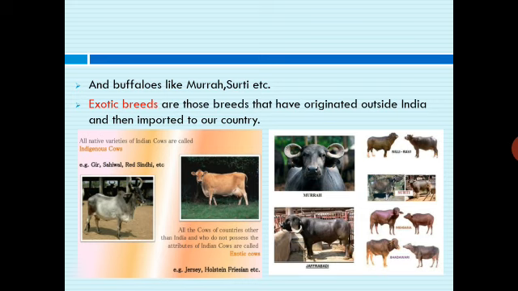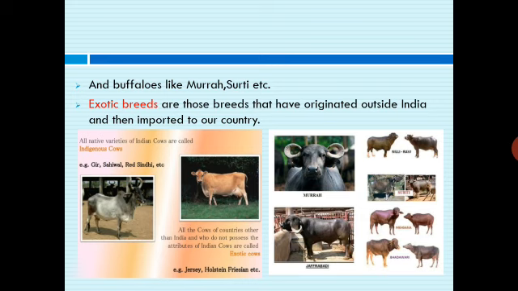Examples of exotic breeds include Holstein Friesian, Jersey, Red Dane, Brown Swiss, etc.